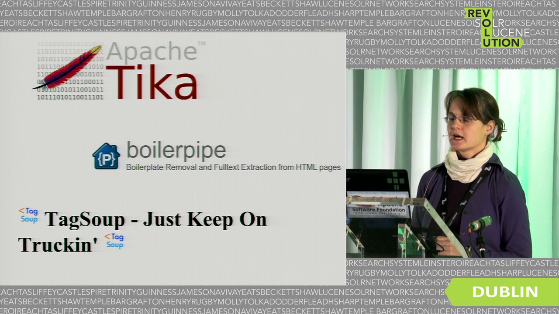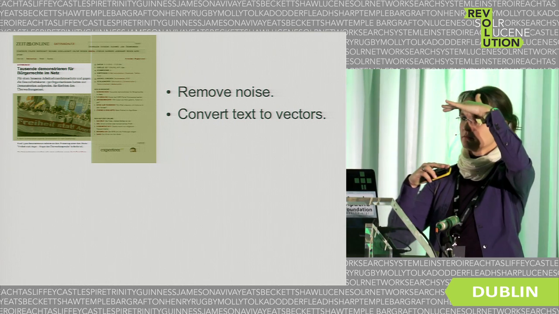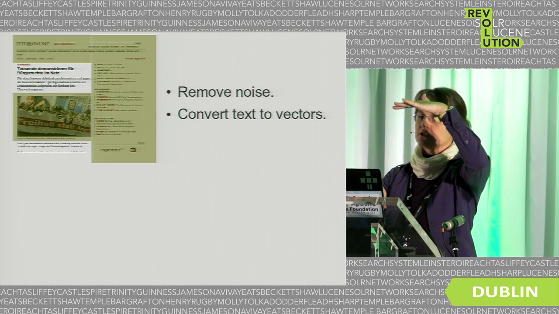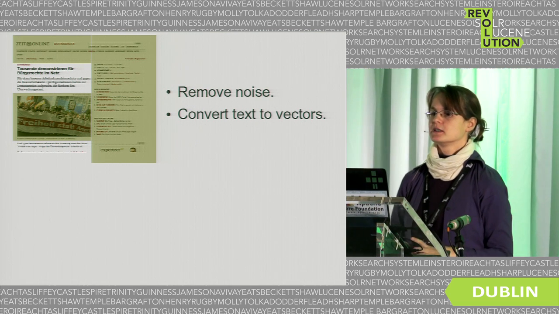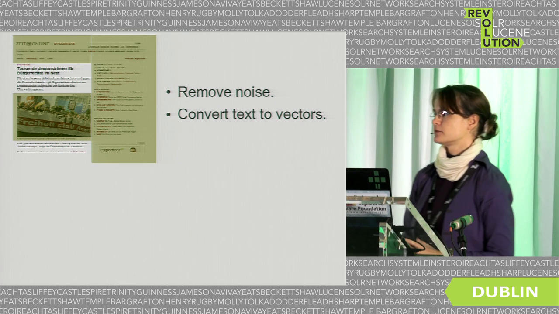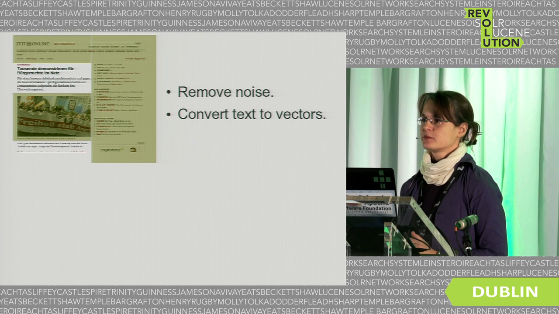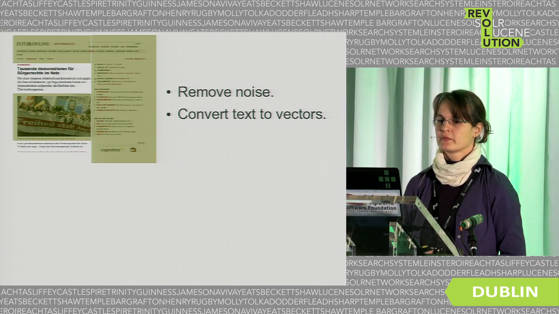So what you've got now essentially is a piece of content, so it doesn't contain all the navigation and noise. What you need to do now as a second step is to convert it into something that a classifier can understand. So the first step will be to take this full text content and split it up in words.